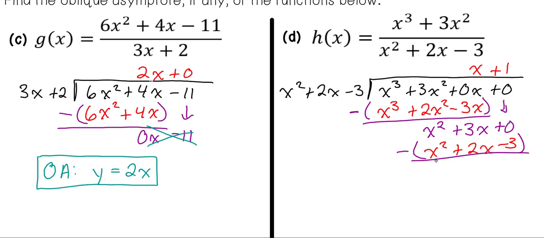Subtract everything. So that's 0. 3x minus 2x is just x. 0 minus a negative 3 is plus 3. And that would be our remainder. Like we said previously, we don't care about the remainder in this situation. So our oblique asymptote is going to be located at y equals x plus 1.